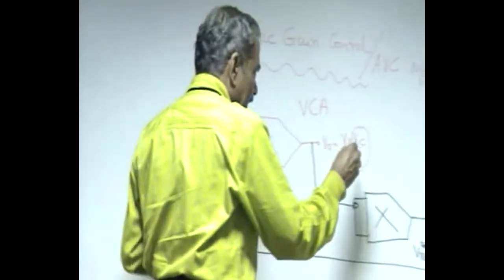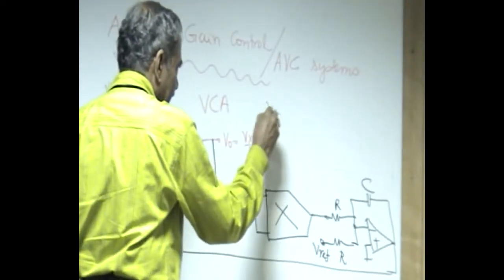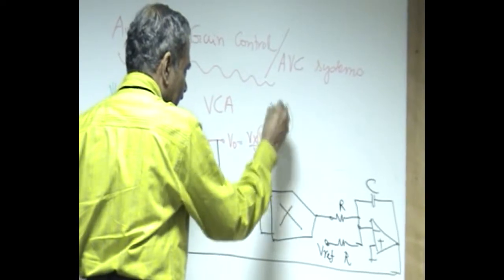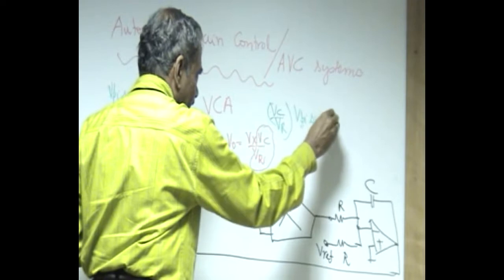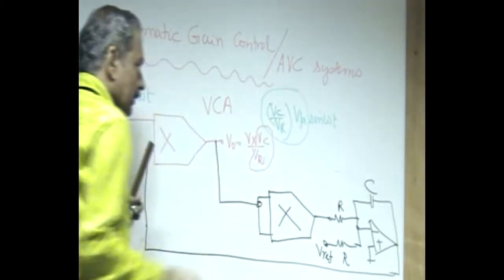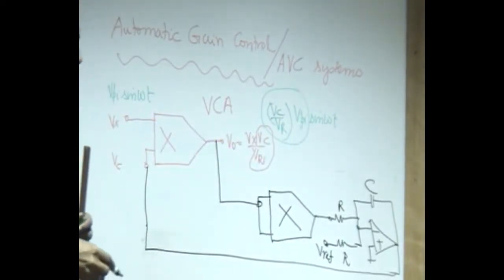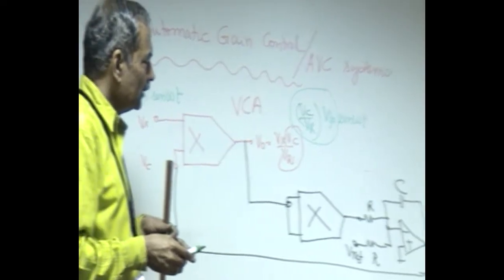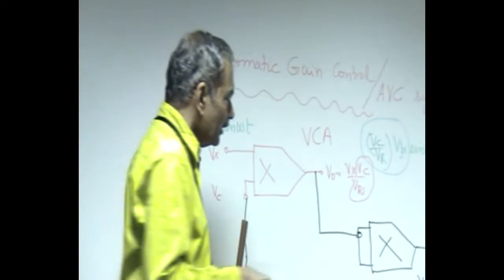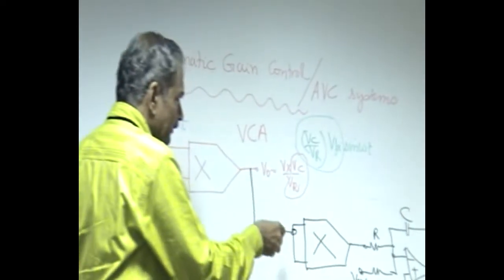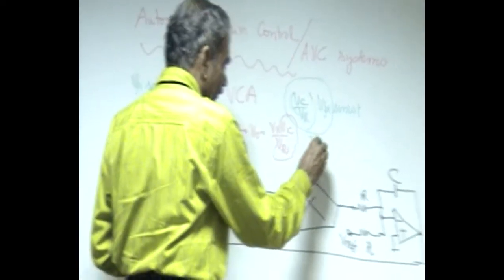So this becomes equal to Vc divided by Vr into Vpi sine omega t. And now we want the peak amplitude of the output, Vc into Vpi by Vr, to remain constant, and therefore we want to detect the amplitude. So let us call this Vpo.